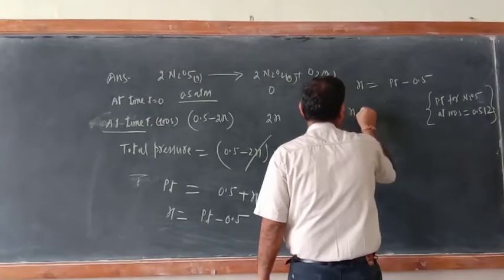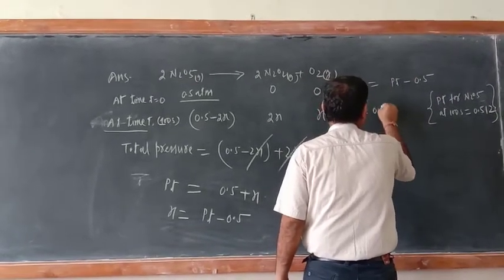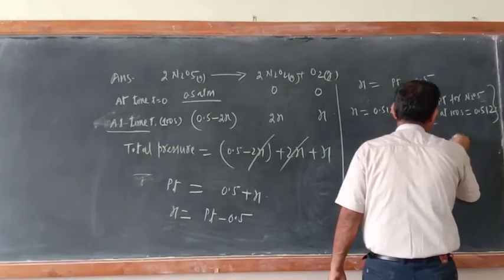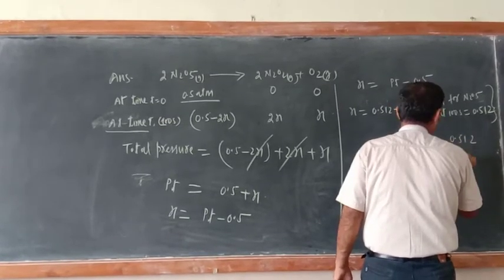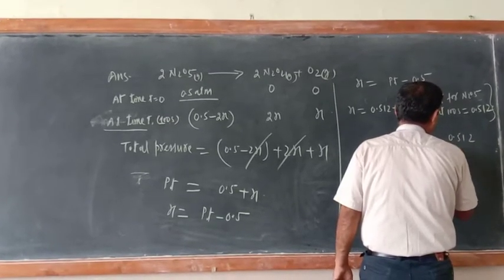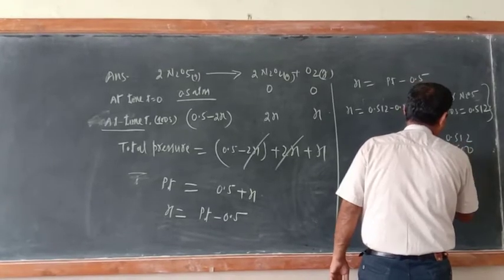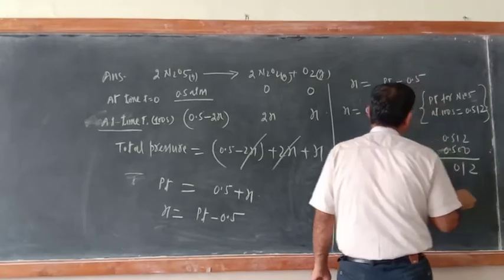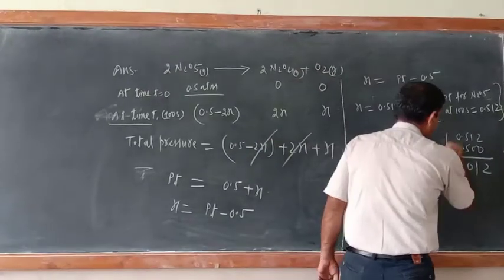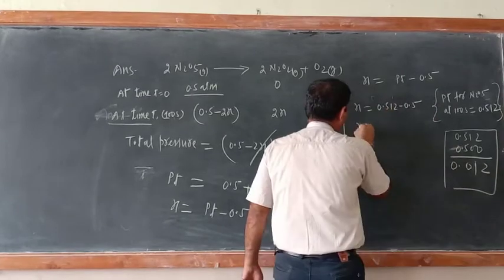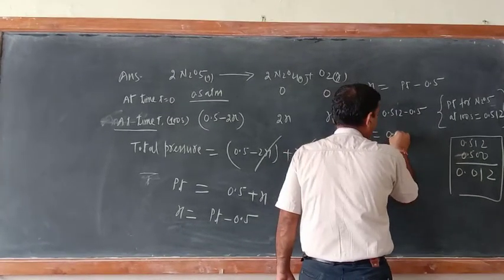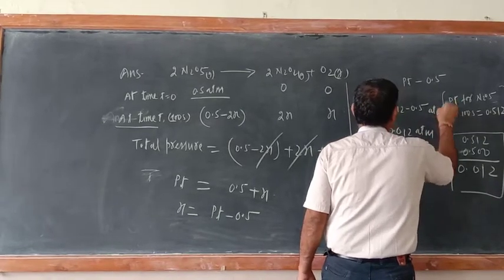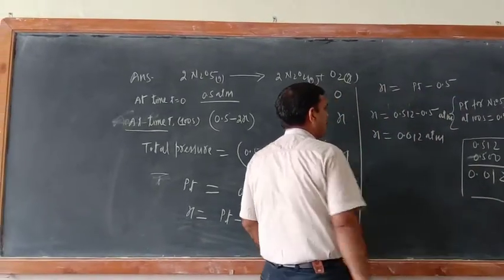So here x equal to 0.512 minus 0.5. So x equal to 0.012 atm. Here also atm. So now you have got the value of x.